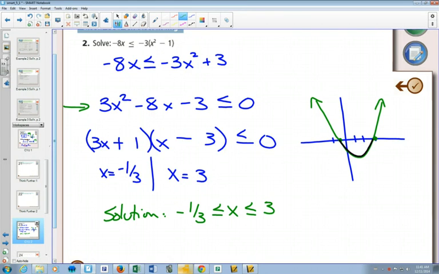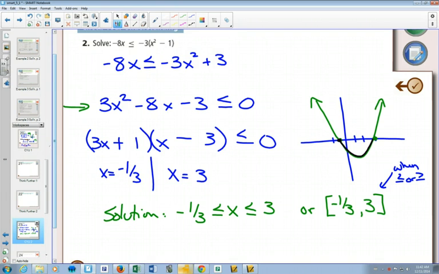Or you could write this as interval notation. Now it would be square brackets. Our smallest value is negative 1/3. Our largest value is 3. We use these ones when the value is included. So in other words, these critical values, that's when it's equal to 0 and the question says equal to 0 is okay.